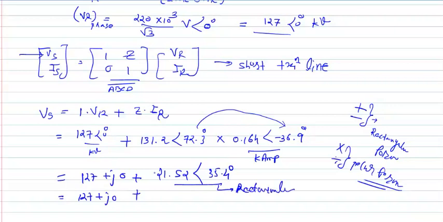So you can use the calculator. Sorry, a rectangle, that is 21.52 at an angle of 35.4, and your answer is 17.54 and another value, so it will give you 12.47, plus j12.47.